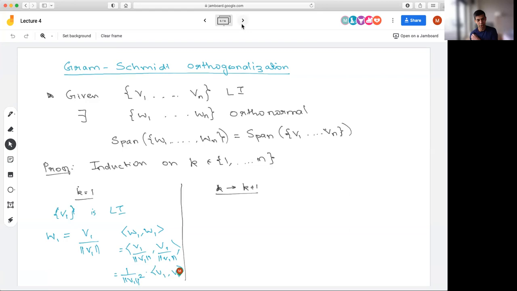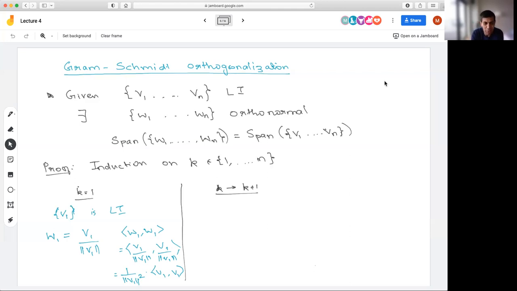And I have an inner product of v1 with itself. And of course, the norm of v1 squared is just shorthand for the inner product of v1 with itself. So this is just 1. Okay. So this is just a sanity check that you can at least do it with k equals 1.